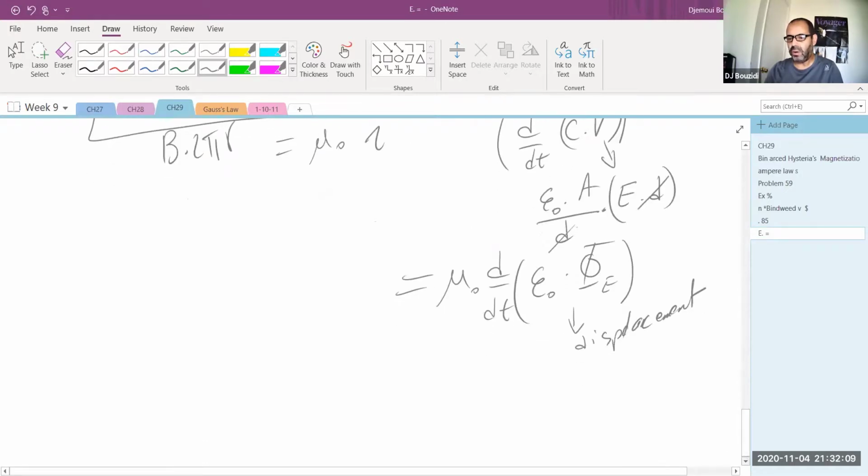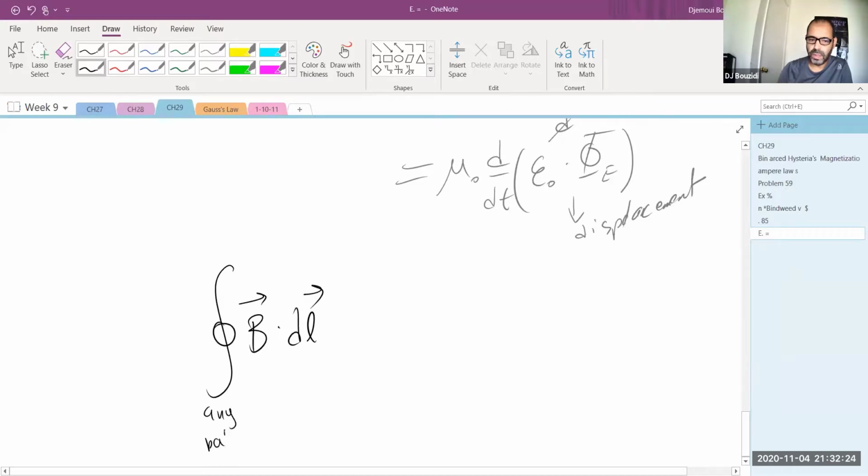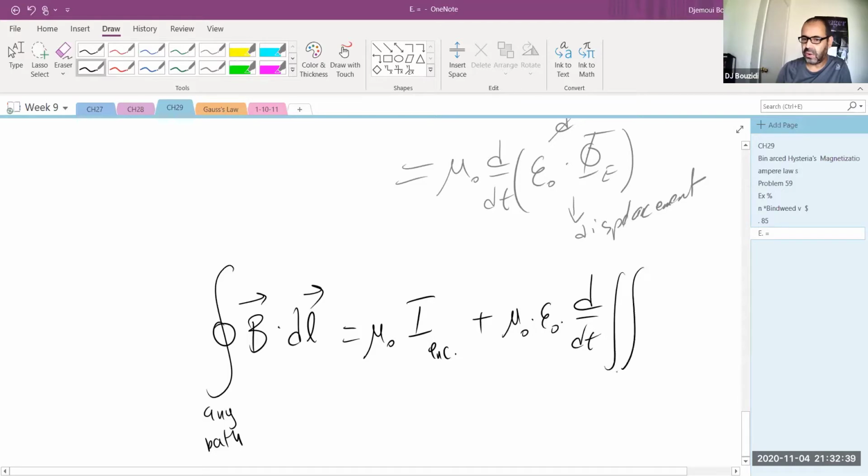So now, empowered with that, this is how Ampere's law looks in terms of what we know. The first one is, again, the circulation of the magnetic field over any path. This is any path. It is the sum of mu naught times the current, the old traditional current that is running through wires, plus this displacement current, which is just the derivative with respect to time of the flux of the electric field in that region of space.